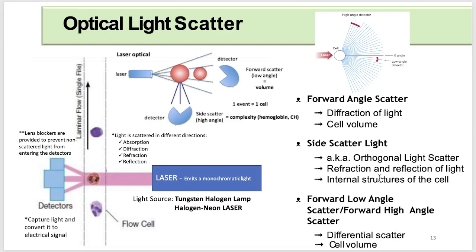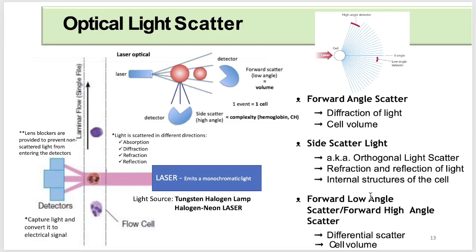So, since we are talking about inside the cell, therefore, it will correlate now to the internal complexity. So, we are talking about the internal structures of the cell. So, again, yung forward angle, cell volume, yung side scatter, internal structures of the cell.